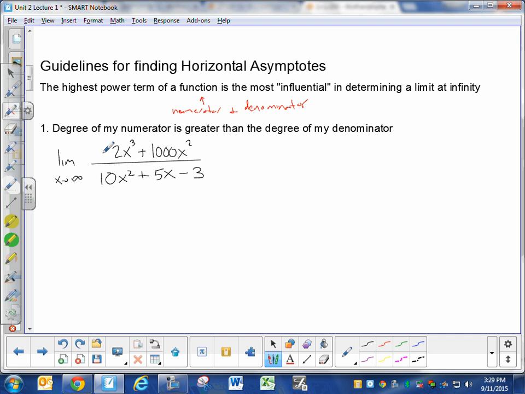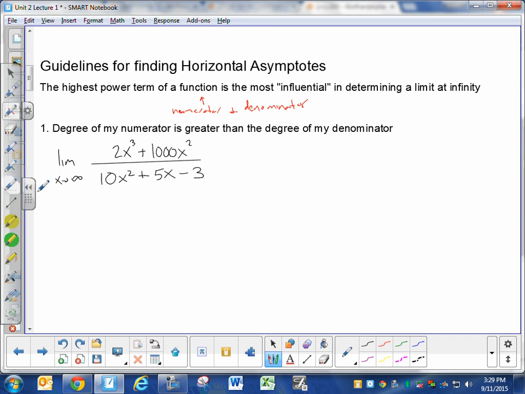If I look at the numerator and write this situation down, I'll give you some time. Find the limit as x approaches infinity of 2x cubed plus 1000x squared over 10x squared plus 5x minus 3. That's pretty much saying, find the horizontal asymptote as x is approaching the right of that function.